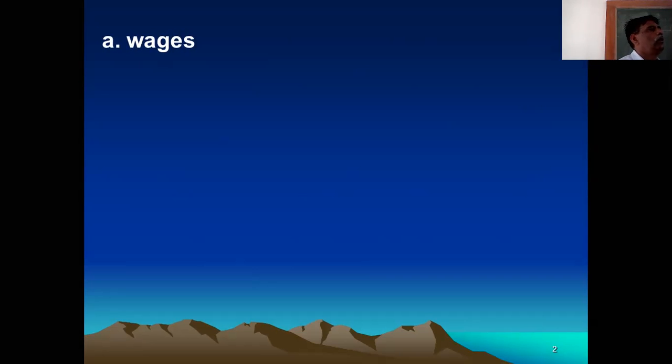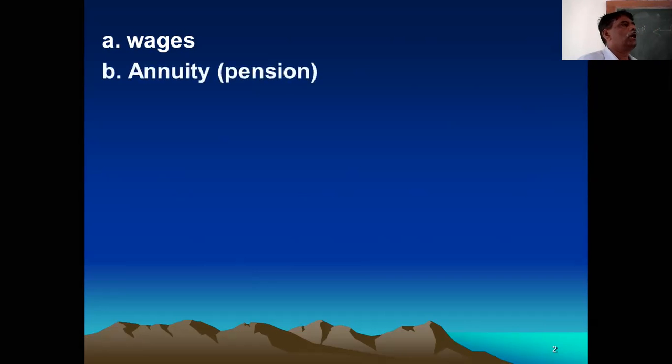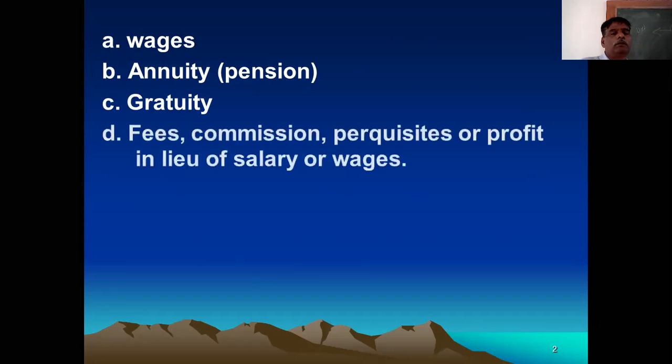Wages. Wages taken by a worker come under salary. It is between employer and employee. And annuities, annual payments, for example, retirement benefits, pension, come under salary. Gratuity, a retirement benefit, comes under salary. Fees, commission, perquisite, or profit in lieu of salary or wages.